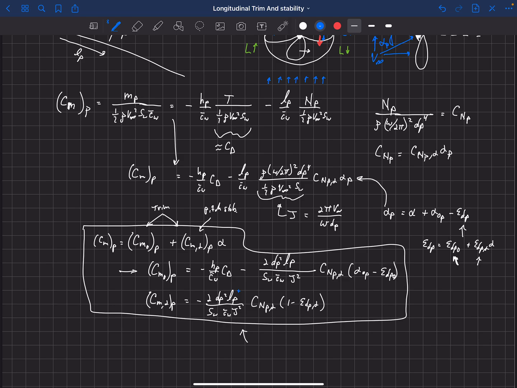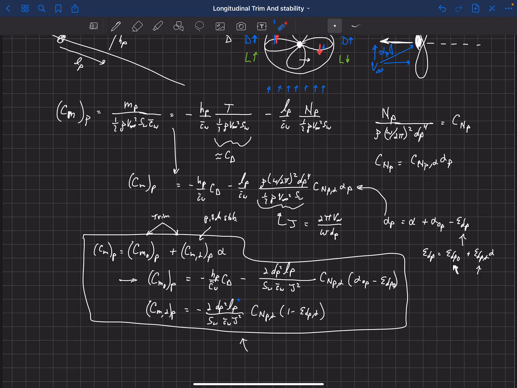Because this gives us a net negative term, and so if this is positive, everything else in here is positive, and so we've got this minus out front, and so that gives us a net negative Cm alpha, which is good. I guess I shouldn't say it's good. It depends on the aircraft that you're designing, but that would add to our pitch stability.